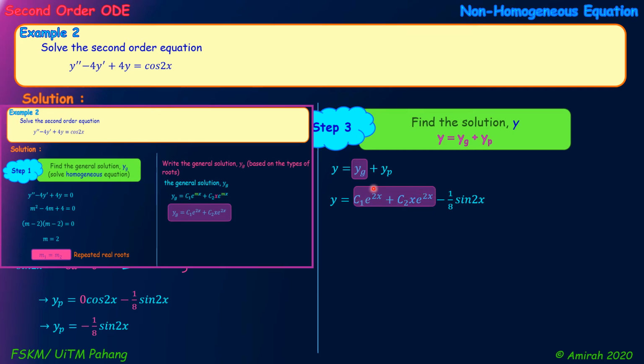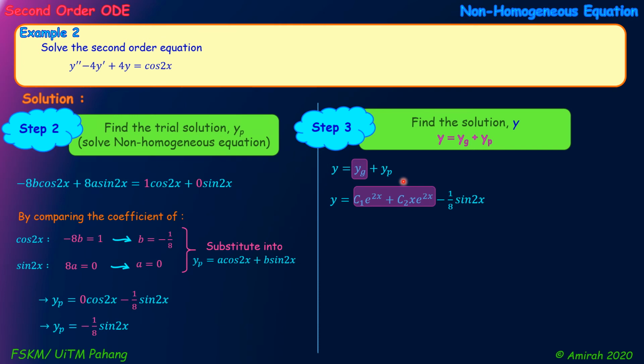So we write that here, and then plus yp, which equals negative 1 over 8 sin 2x.